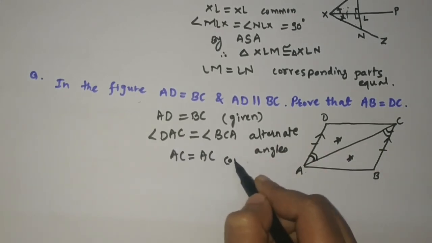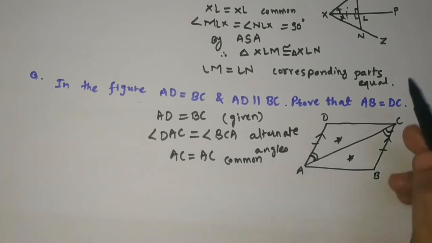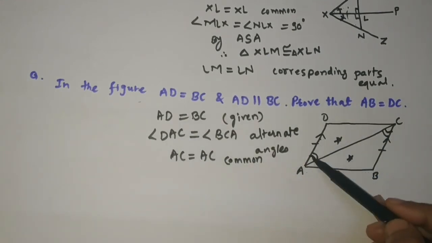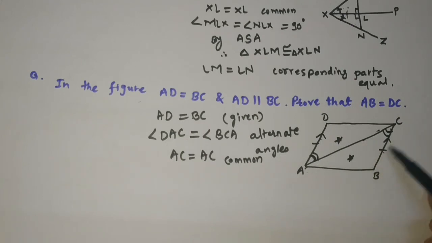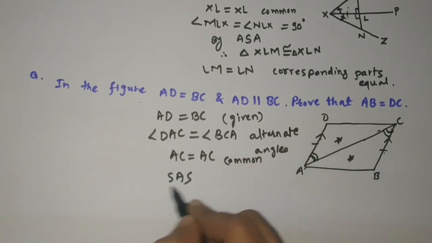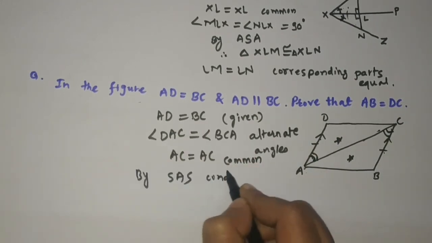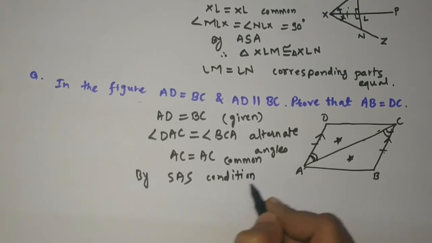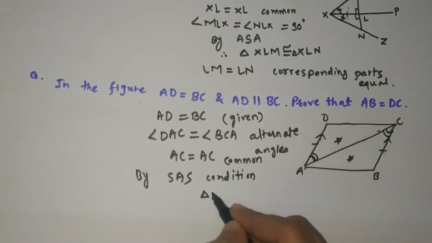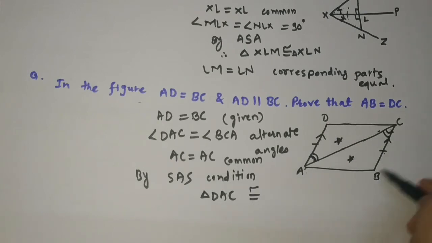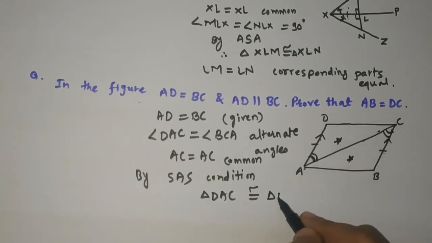So by using side angle side, I can write by SAS condition, these two triangles are congruent. Triangle DAC is congruent to triangle BCA.